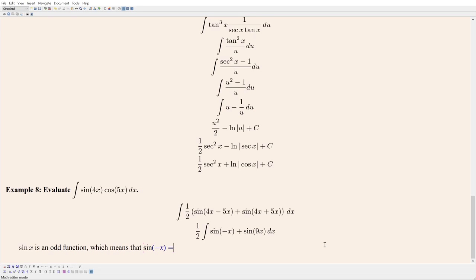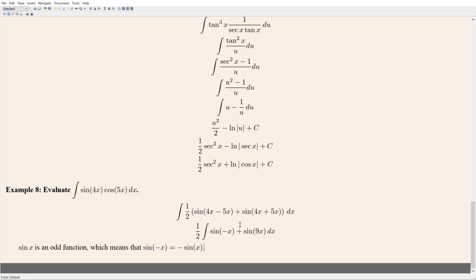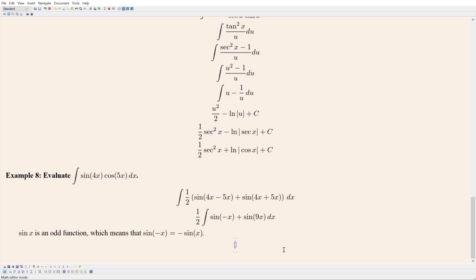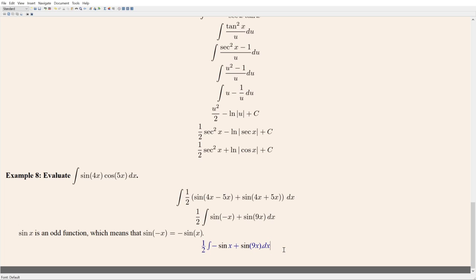So sine of negative x is the same as negative sine x. Because I don't like having that negative in there, let's just go ahead and pull it right out. So this is negative sine x plus sine 9x.